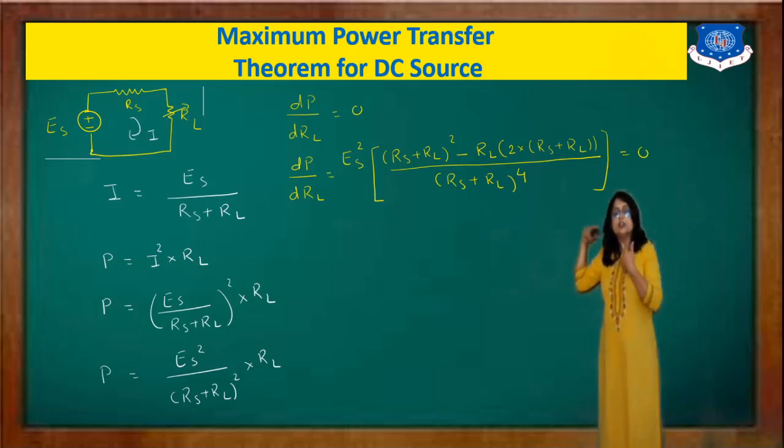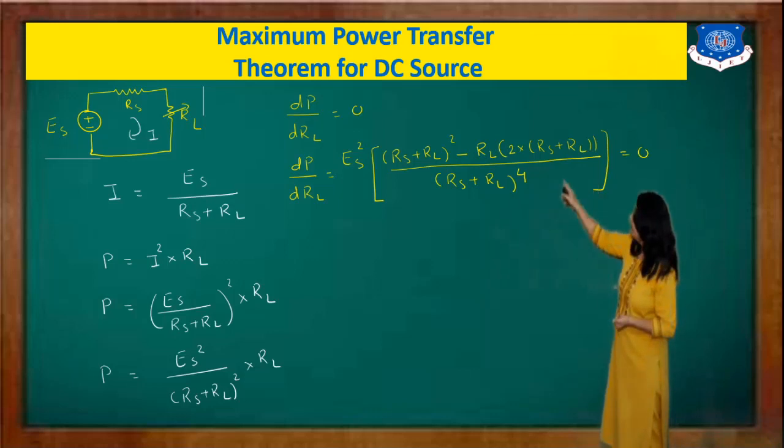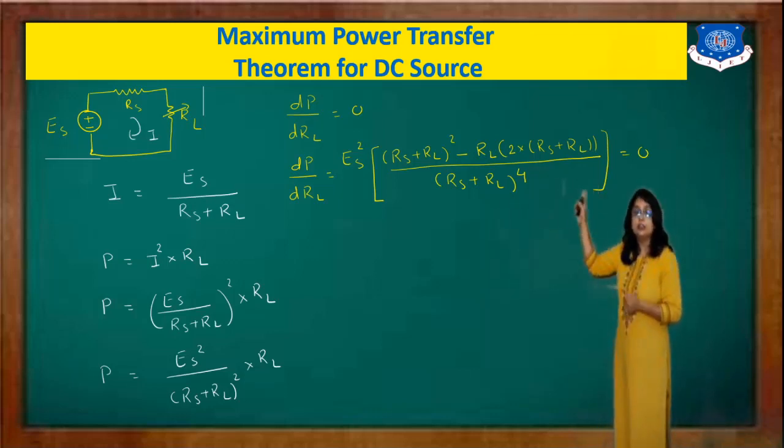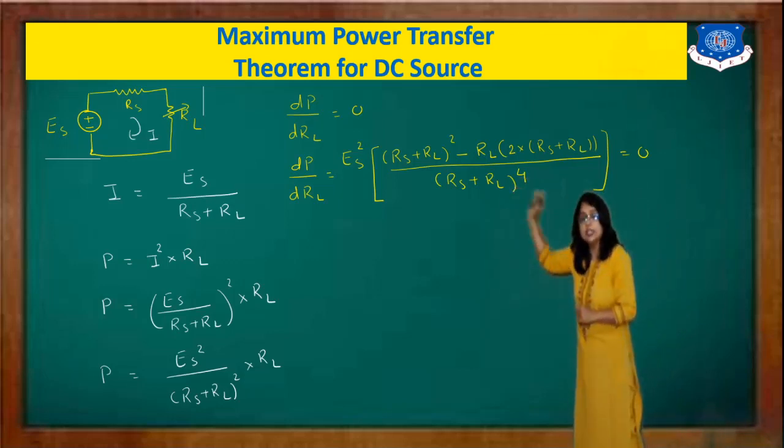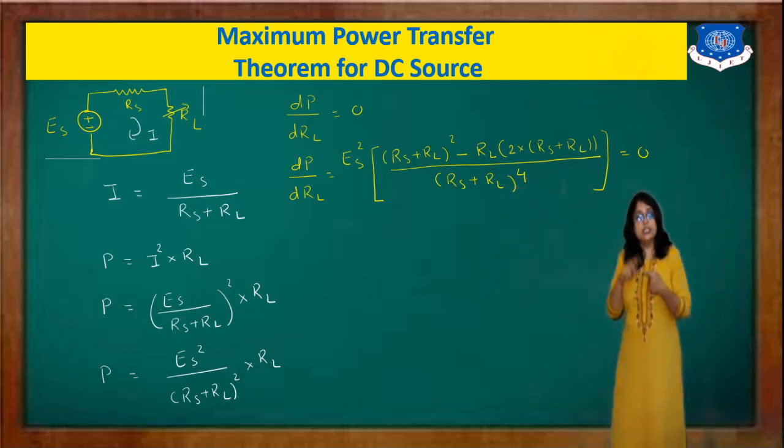Using that rule, in the numerator I have RL, because ES square I have already written out of the bracket. So dRL by dRL is definitely 1.